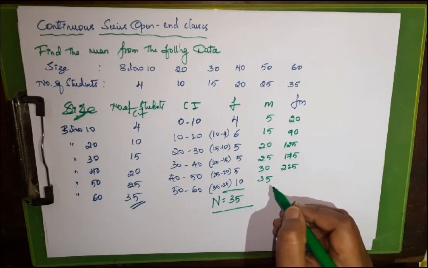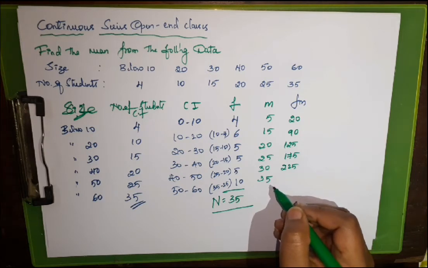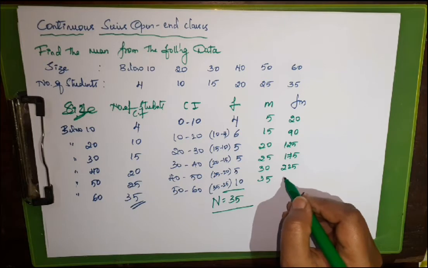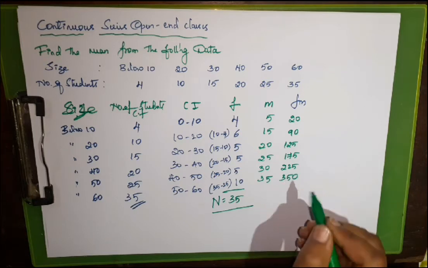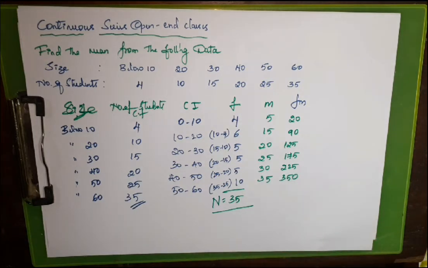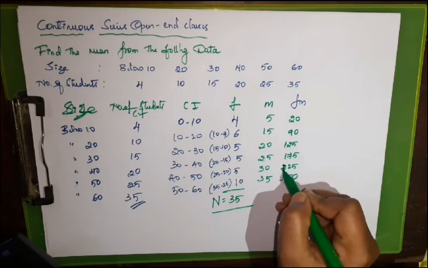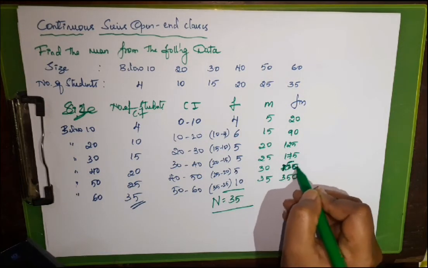Then 10 into 35, 350 you will get. Okay, so make a total of it. Sorry, 30 into 5 you will get 150.